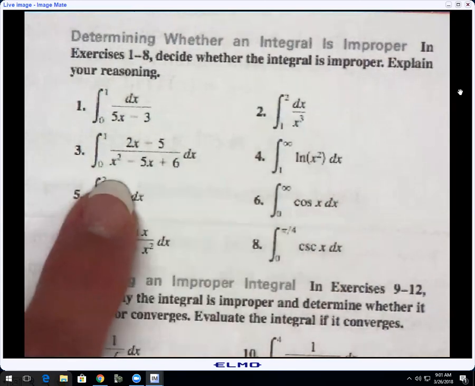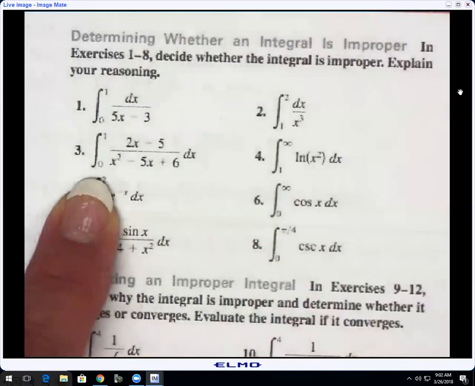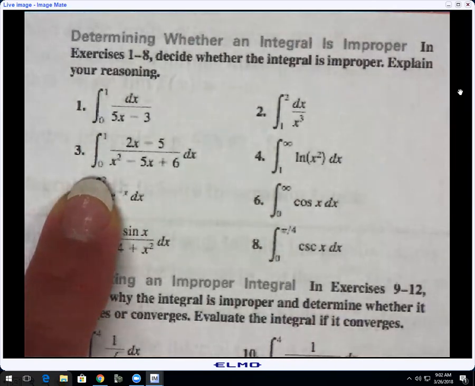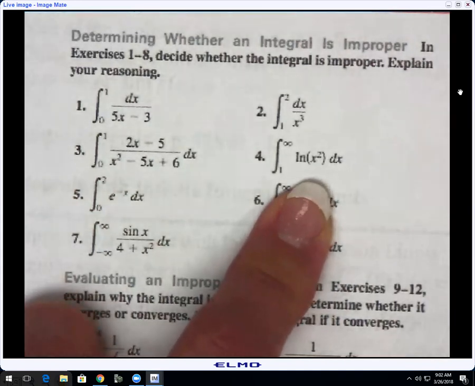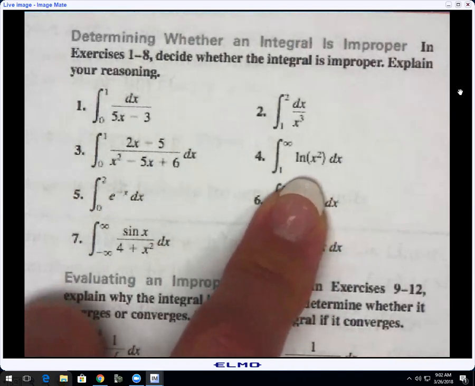What about number 3? Because why? 1 will make the denominator 0, which means there's a vertical asymptote at 1, and it's one of the endpoints, but a vertical asymptote at one of the endpoints also makes that an improper integral. Good. And what about number 4? Proper?